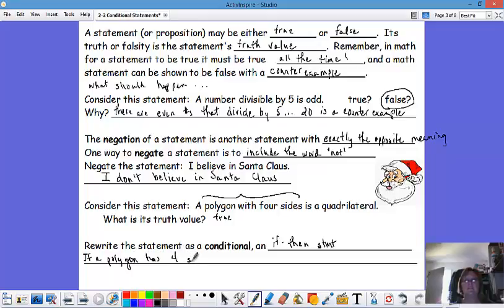See, the order that statement was made originally is the order that we want to follow here. If a polygon has 4 sides, then it's a quadrilateral. That's what conditional means, if-then.